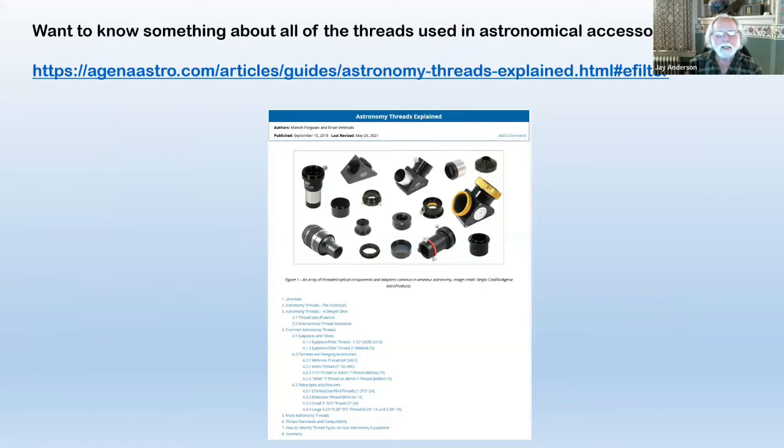This was something that I've been looking at fairly often because I'm putting together some attachments to my C8 that get a little bit complicated with 54 millimeter threads and 48 millimeter threads.